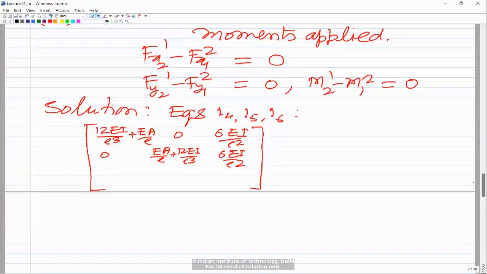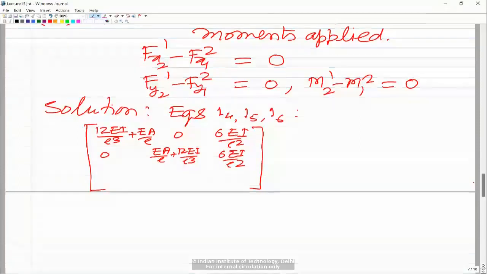the first three columns and last three columns get eliminated because u1, v1, theta 1 are 0, and u3, v3, and theta 3 are 0. So we just get only the fourth, fifth, and sixth columns of the fourth, fifth, and sixth rows.